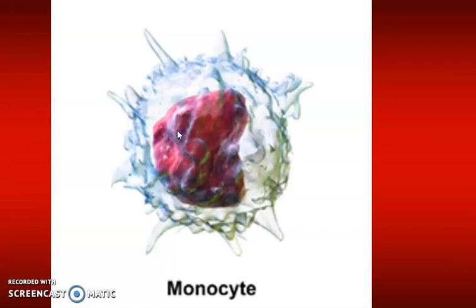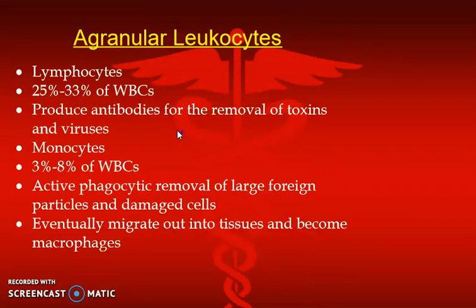So these are your agranular. Same thing as the prior ones. I'm not going to ask you too many questions about them. Now, I am going to teach this in extreme detail when we do the lymphatic system. But right now, all I need you to know is that these guys are my agranular leukocytes, or my non-bumpy leukocytes.